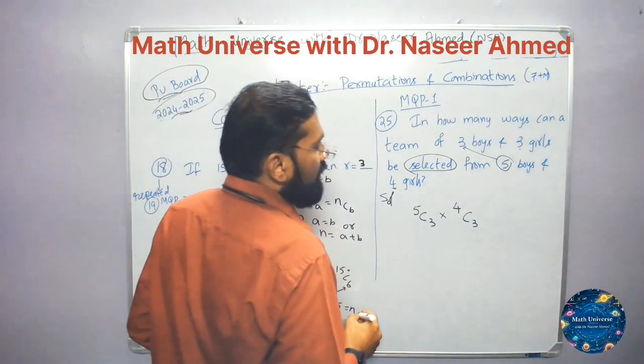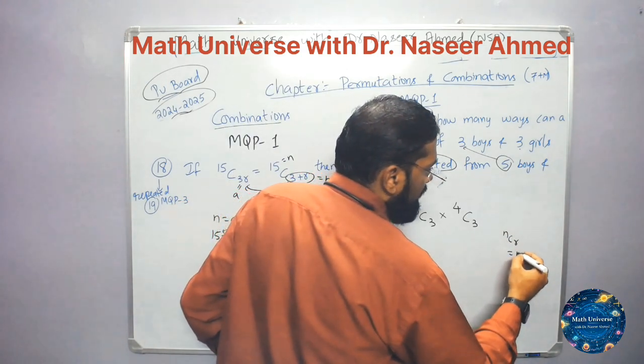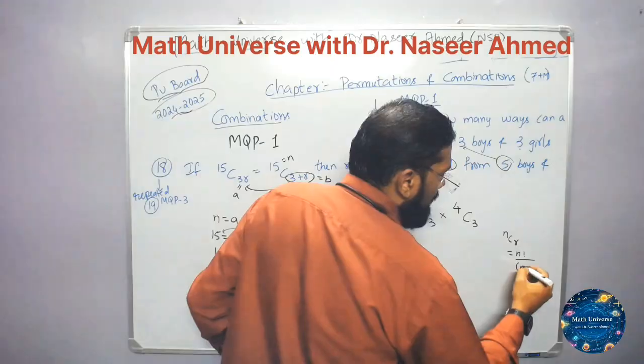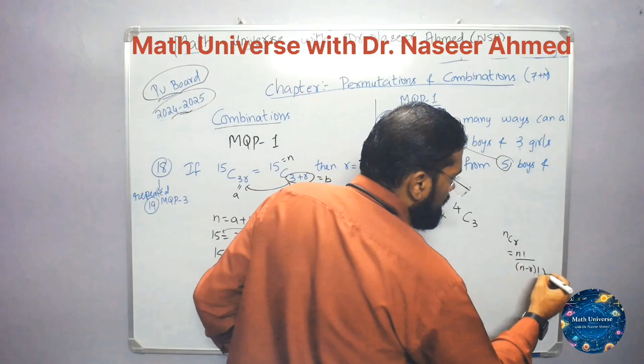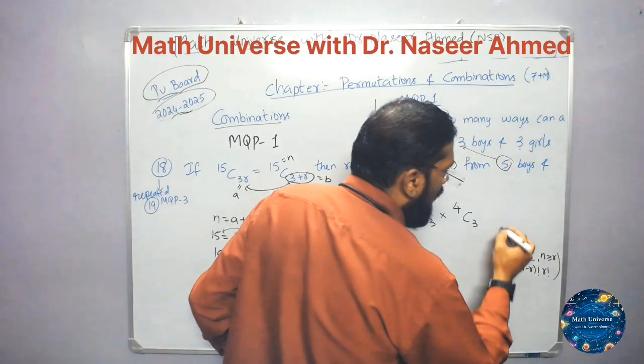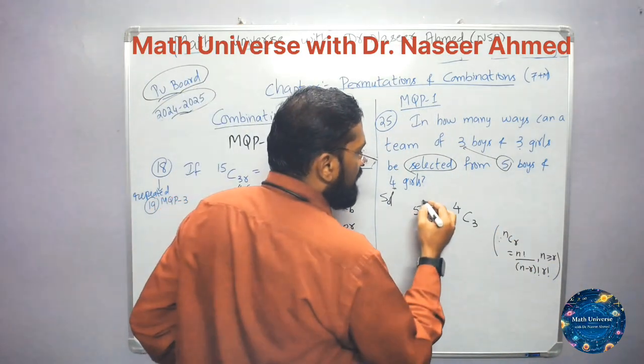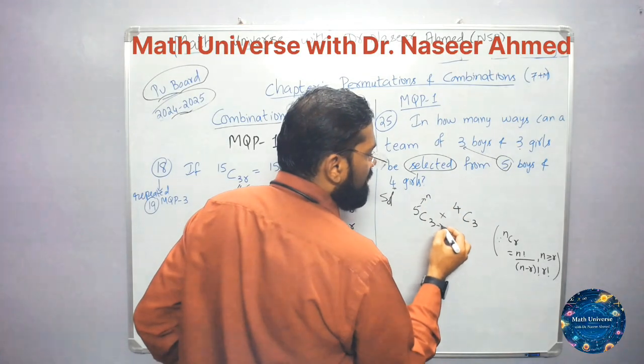As soon as this occurs, this will also occur. Now compute from here. By using the formula, what is NCR? It is N factorial divided by N minus R factorial into R factorial, where N is greater than or equal to R. Correct? So in place of N we have 5, in place of R we have 3.